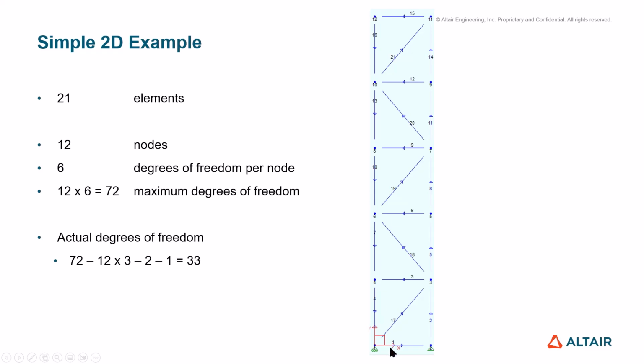The global coordinate system is the one in red here, X, Y, and Z coming out of the page. In finite elements, we form element matrices and element vectors. Then we transform the coordinates to global, and then we assemble them to get the system matrices and vectors.